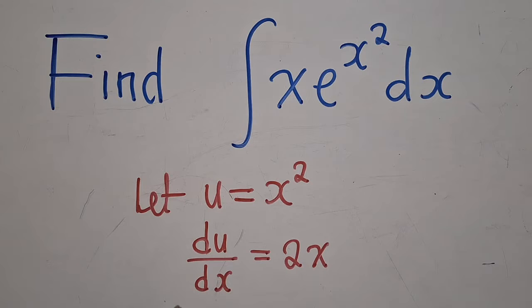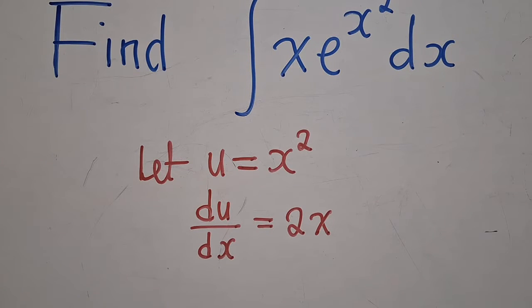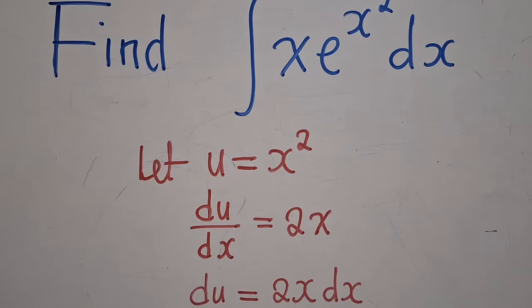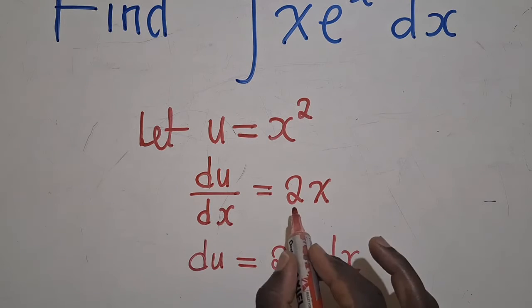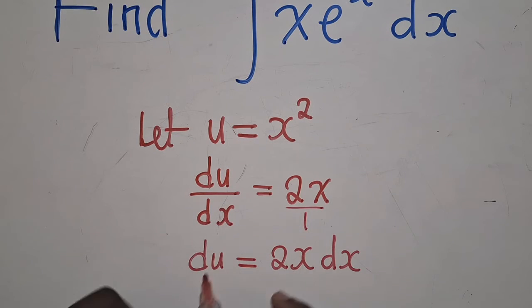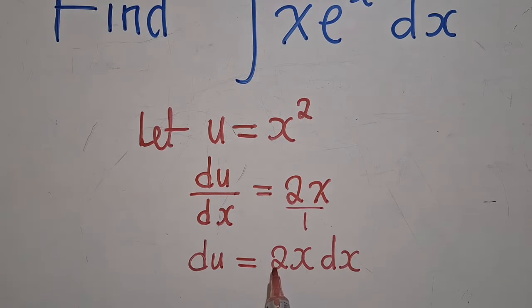Thereafter, we make dx the subject of the formula. We are going to cross multiply. So when we cross multiply, we shall have du is equal to 2x dx. You can see I've just multiplied. There is a 1 down here. 1 times du, it's du. dx times 2x, it's 2x dx.